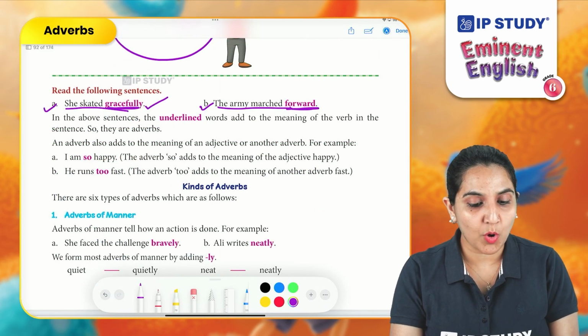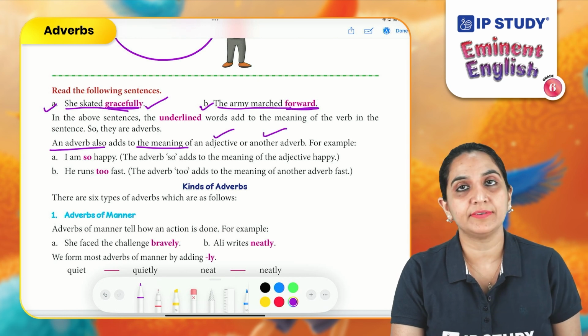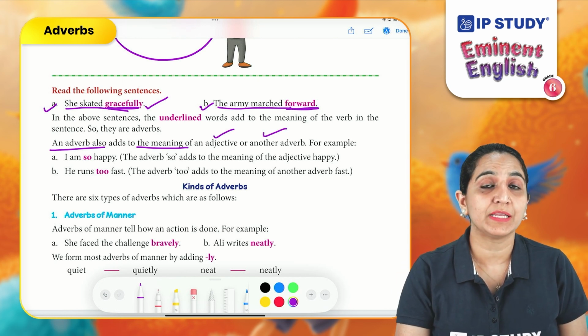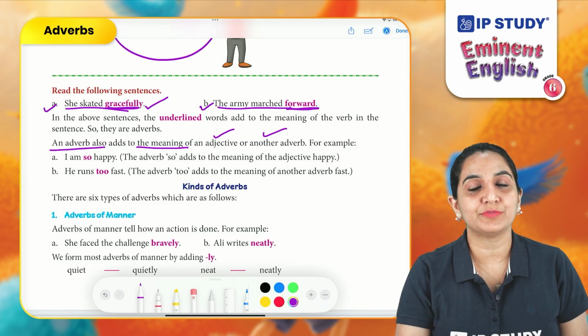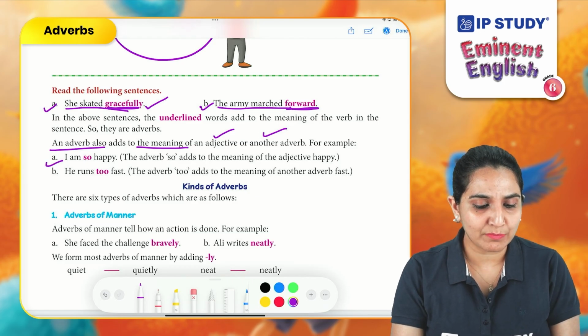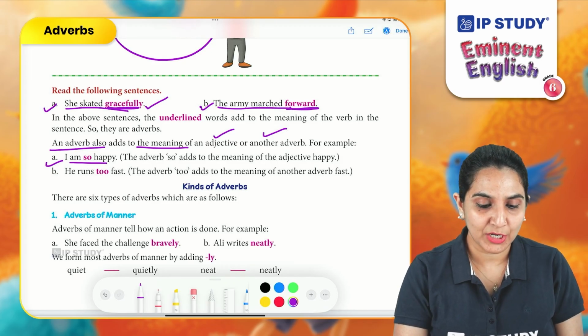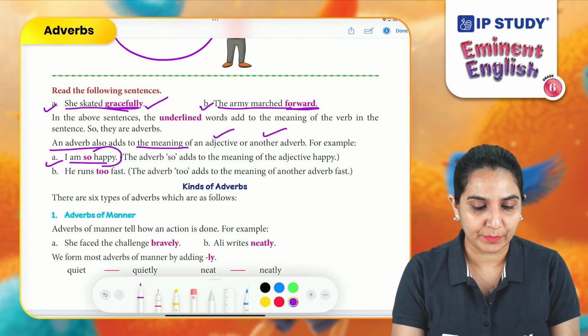An adverb also adds to the meaning of an adjective or another adverb. So it adds to the meaning of a verb, an adjective or another adverb. For example, I am so happy. Now the adverb so is adding more meaning to the adjective happy.